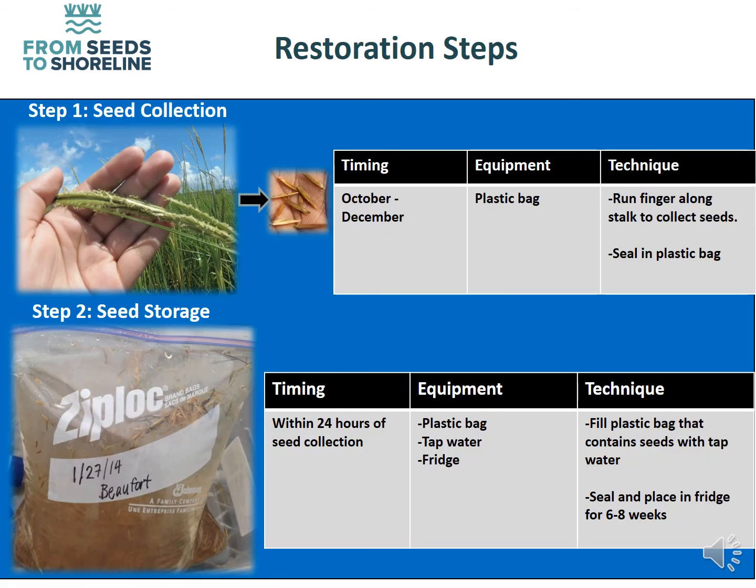So what's all involved in the restoration part of this From Seeds to Shoreline program? There are 5 main steps that we are going to go over in more depth during the training.